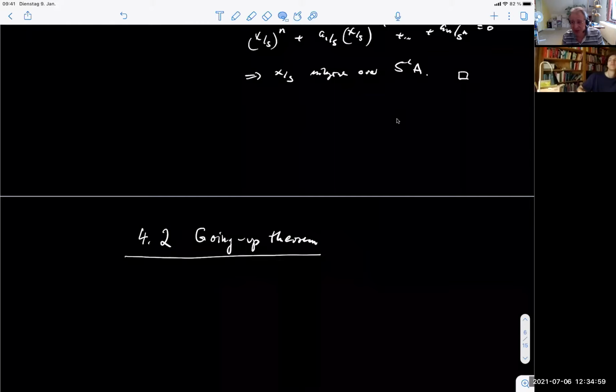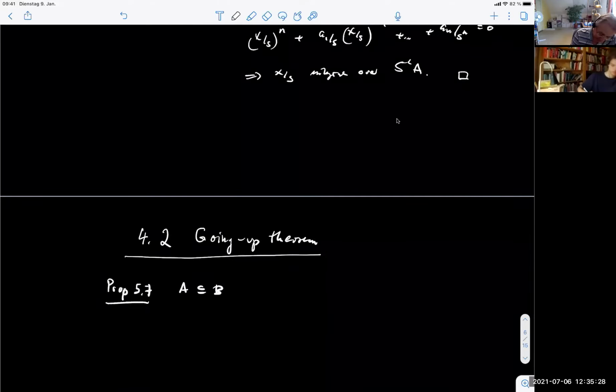I will give the statement a bit later on. Let's go in steps. Let's put the pieces together. I think it's quite nice, this chain of arguments. So I like it. Proposition 5.7. It's very classical. So let's assume I have an integral extension, and these are integral domains.